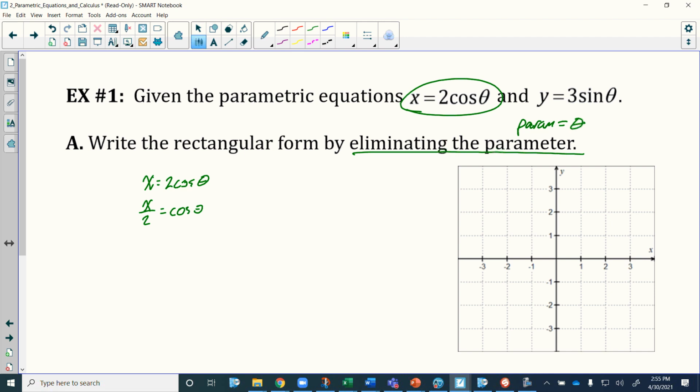And what I want to do is take that equation and square both sides. When I square both sides, I get x squared over 4 is equal to cosine squared of theta.